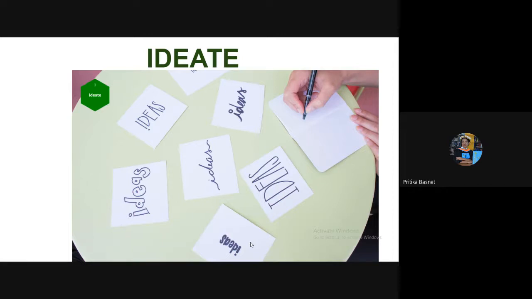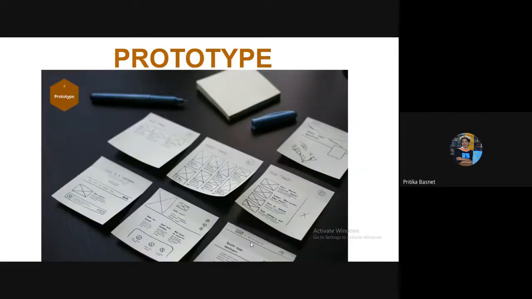Here, another slide, ma'am. So after ideating the problem, ideating different ideas, after gaining different ideas from the users, from the participants, from the students, we develop a prototype.